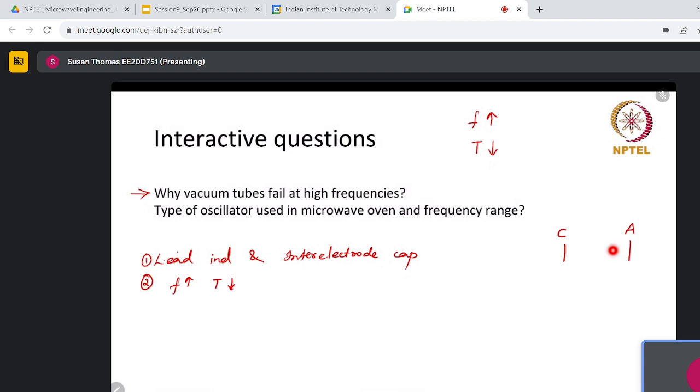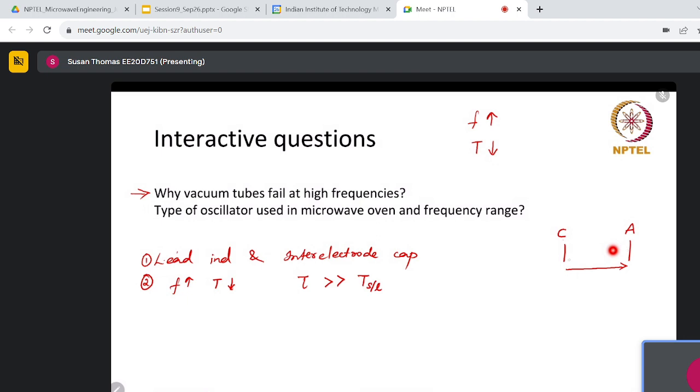The transit time, which I denote by tau, is the time taken by the electron to move from one electrode to the other. The time period of the signal is very small compared to the transit time. Imagine the time taken for the electron to move from one electrode to the other is large compared to the time period of the signal.